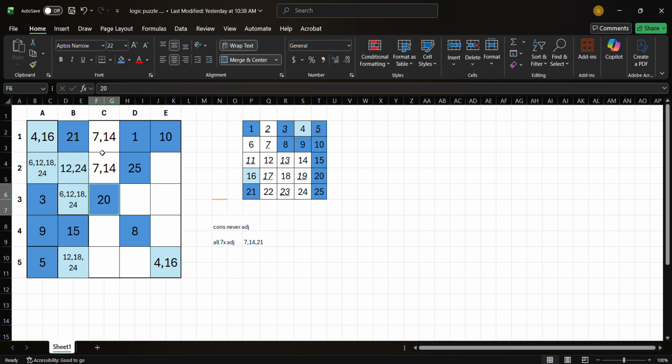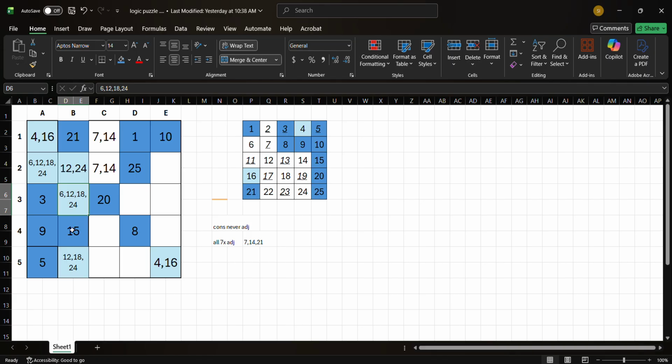Now, the 8 is far away from the 7, and the 6 we haven't got in yet. So for instance, if that was a 6, this one couldn't be a 7 because they're adjacent, but we don't know that yet. Now the 14, the 15, where's that? It's down here, so that's not going to affect it.